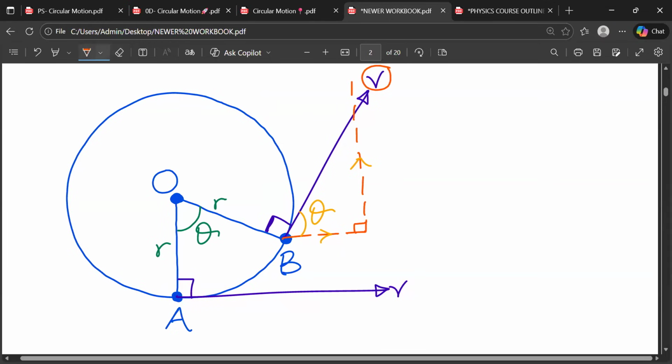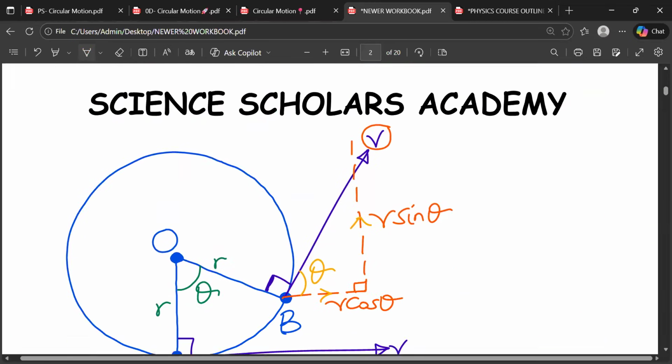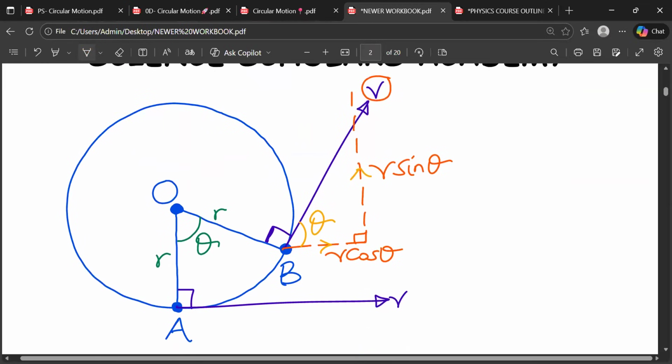Those who attended projectile motion with me, you now know that these ones are obvious. Horizontal component, V cos theta. This one, V sin theta. Now we have the two. And that is the diagram we are going to use as we derive, nothing else. Remember, we are deriving the formula of our centripetal acceleration.